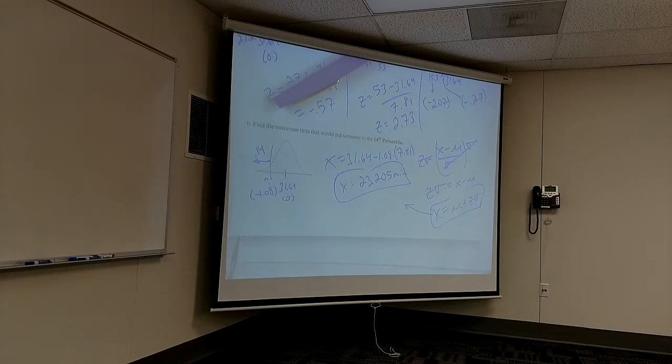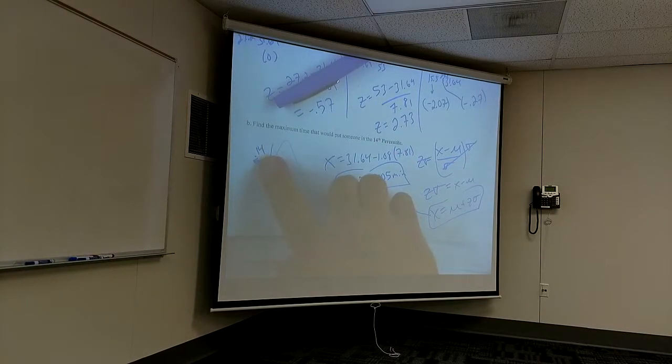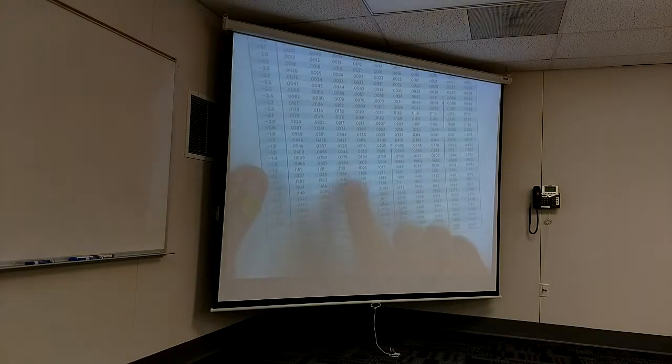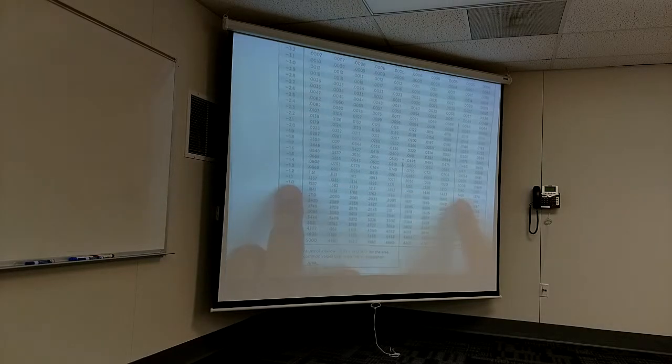That's how I read that in English. Oh, so it was the 14th percentile, so 0.14 below it. 0.14, the closest I can get is 0.1401. And what z-score is that? Negative 1.08.